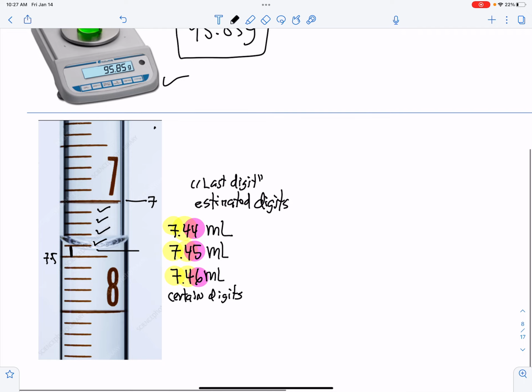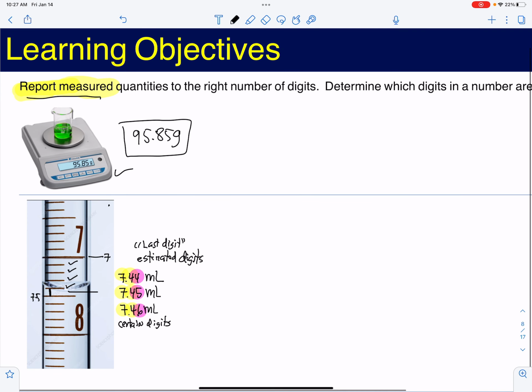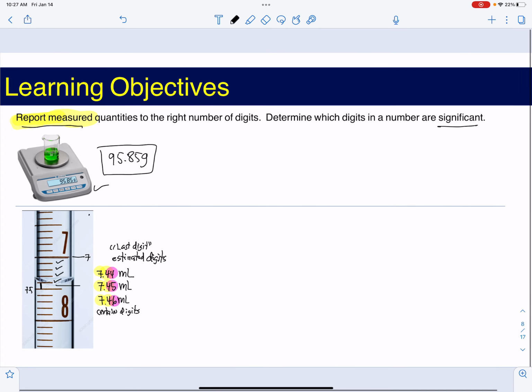So going back to the question, how can we report this number? Well, this number can be reported like 7.44, 7.45, or 7.46. Any of those three would be good because the last digit depends on your estimation. What about determining which digits in a number are significant?